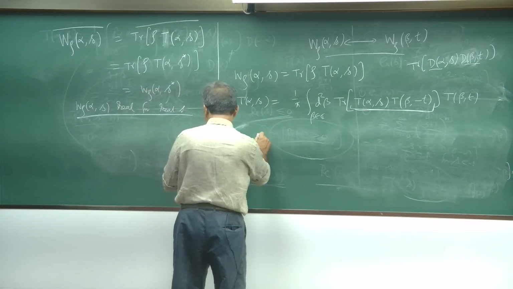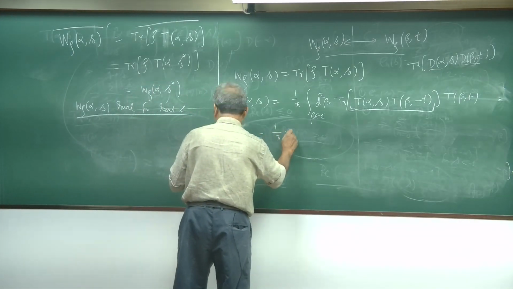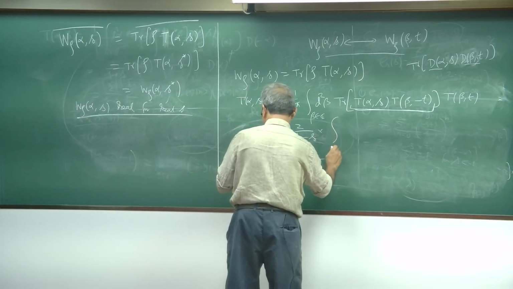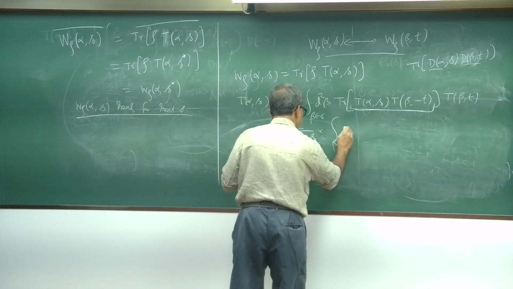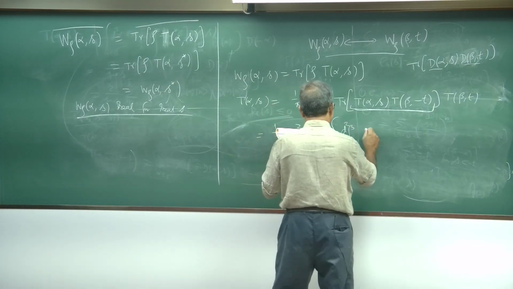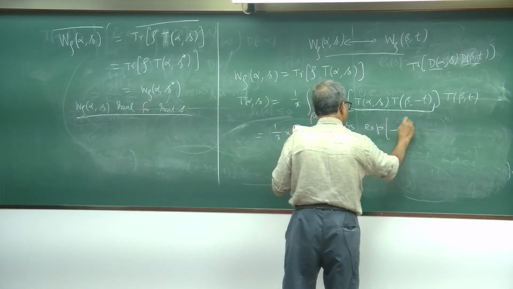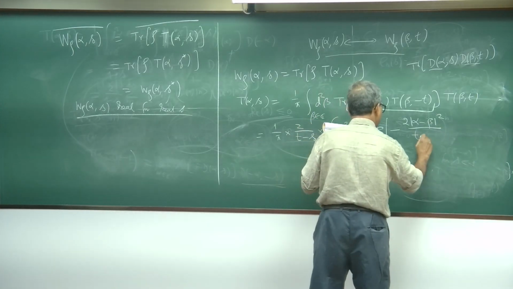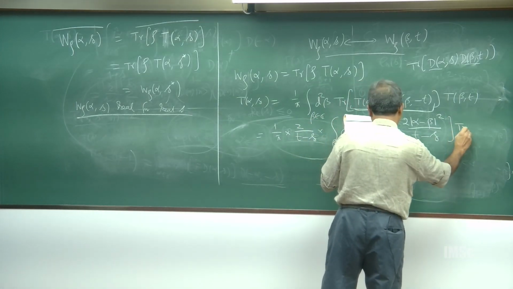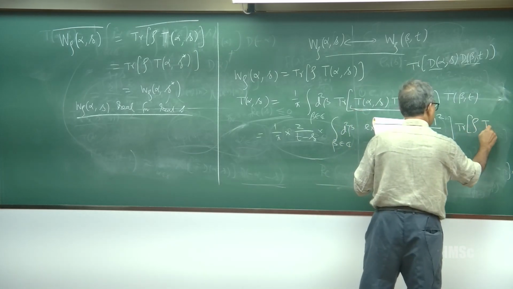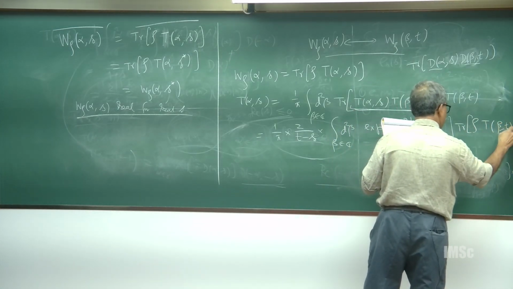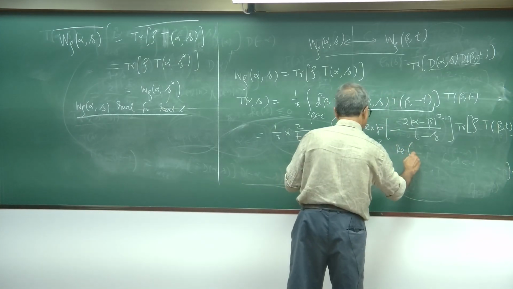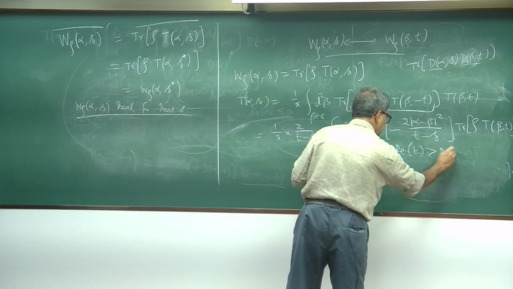So what you can figure out is W rho of alpha s equals 1 upon pi into 2 by t minus s, integral over beta belonging to C, d square beta, exponential of minus 2 times alpha minus beta squared divided by t minus s, multiplied by W rho of beta t, for real part of t greater than real part of s.